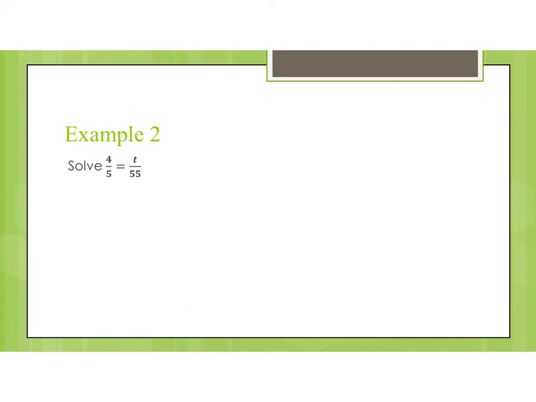For example 2, we have 4/5 equals t over 55. So again, we're going to use that cross product and multiply 4 times 55, which is 220. And then I'm going to set that equal to the other product of the diagonal, which is going to be 5t.